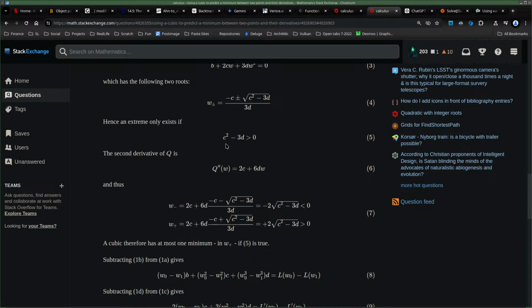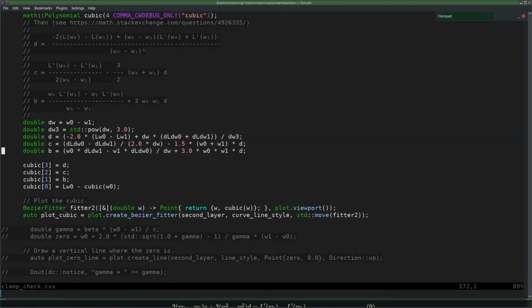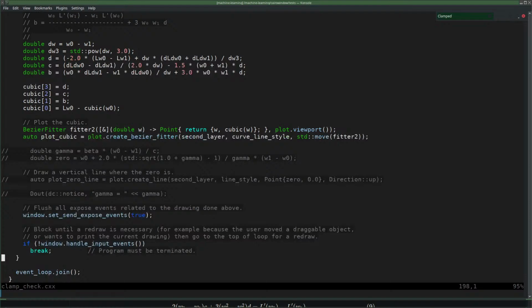But let's just draw a vertical line through the minimum at the moment, which will fail, of course, if this thing is less than 0. C squared minus 3d. Let's draw this thing anyway.